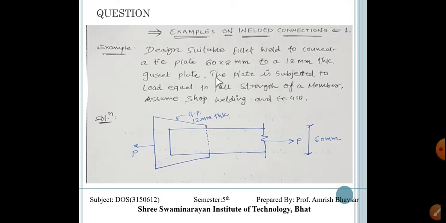Now in this case we have to finalize the connection with the help of welding, which is shop welding, and the member is simply a plate of size 60 by 8 mm connected to a 12 mm thick gusset plate.